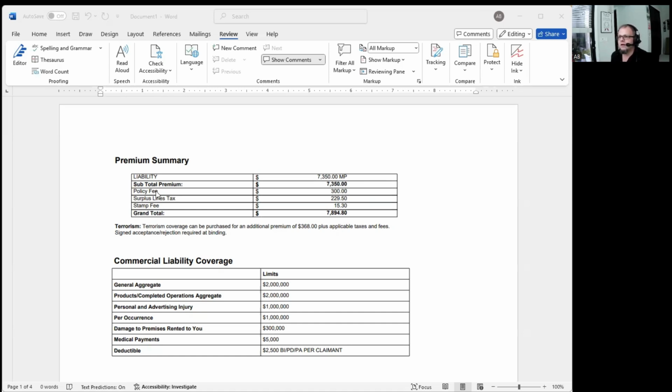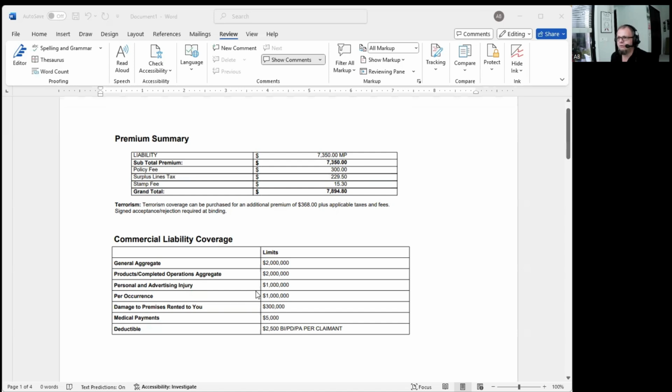But we'll dig a little bit deeper in here. So we are looking at some surplus lines taxes and a policy fee. Again, none of this is abnormal. Grand total, $7,894.80 for the year. They have $1 million each occurrence, so each claim can be $1 million, and they have a $2 million general aggregate.